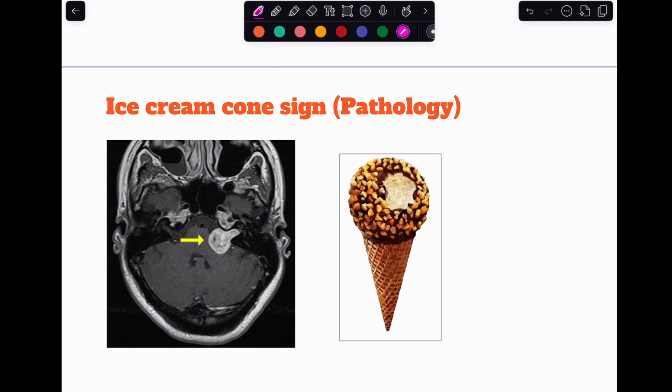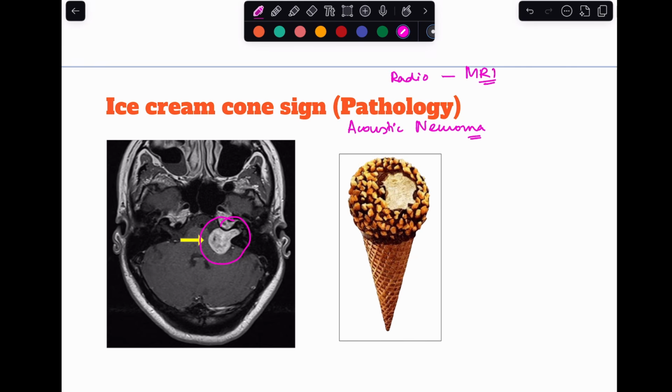So that brings us to the second one. This here, as you can see, is also a radiological sign, but in this case we are seeing it on an MRI scan instead of a CT scan. What is the characteristic appearance that we are seeing here? This ice cream cone-like appearance is that of an acoustic neuroma, also known as vestibular schwannoma, which is a tumor that we see in the ear.